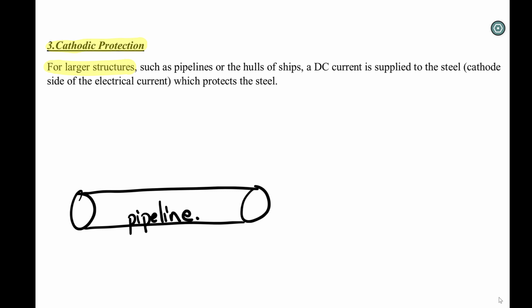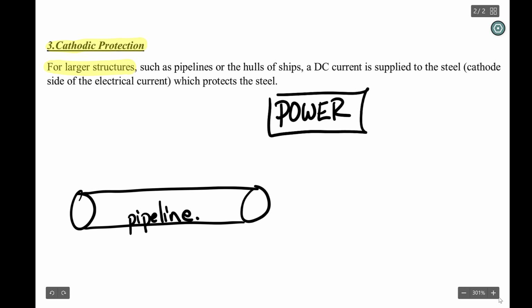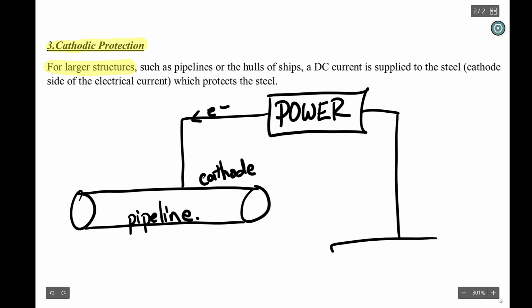And then you can have a break below the ground, environmental damage, say you're moving oil, etc. It's really not wanted. So what happens is the pipeline is made, then we hook up the pipeline to the cathode side of the power source. This would then be hooked up to some scrap metal on the anode side.